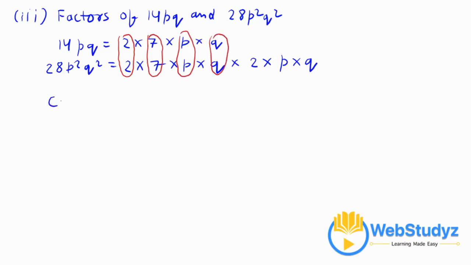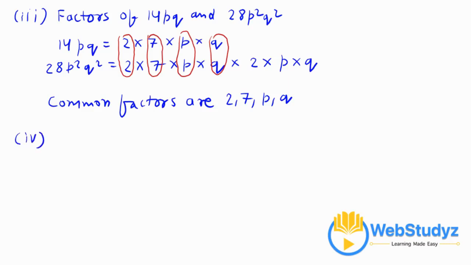So the common factors are 2, 7, p, q. Now move on to the fourth one, that is factors of 2x, 3x square and 4.